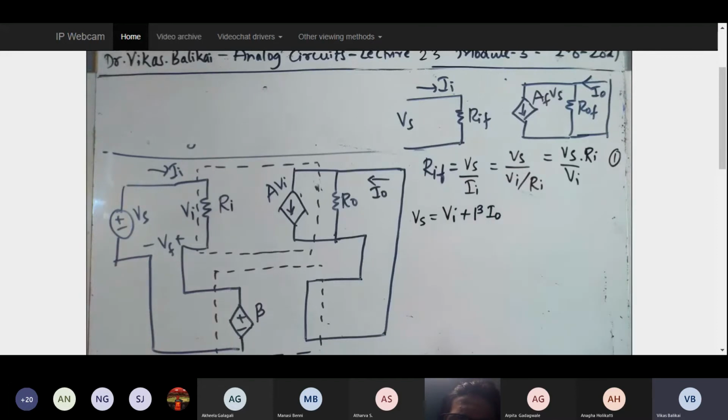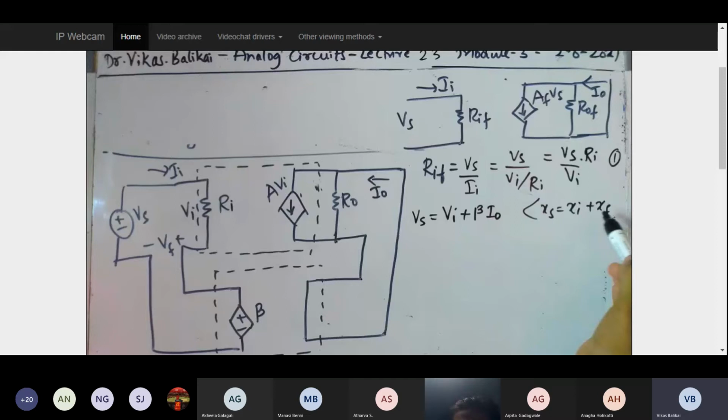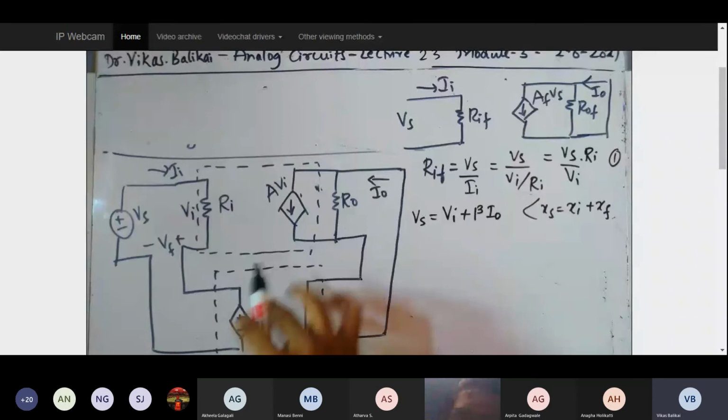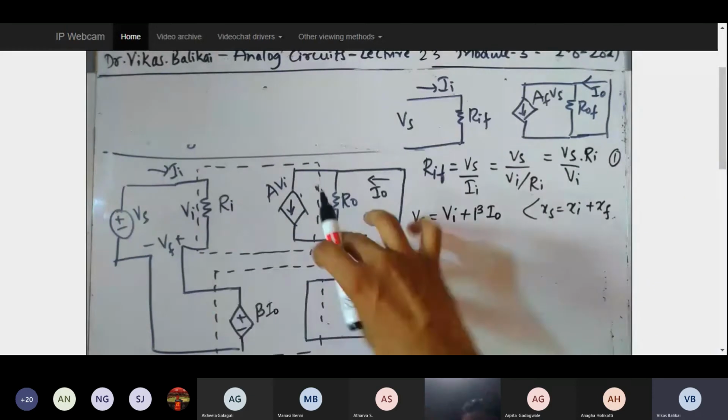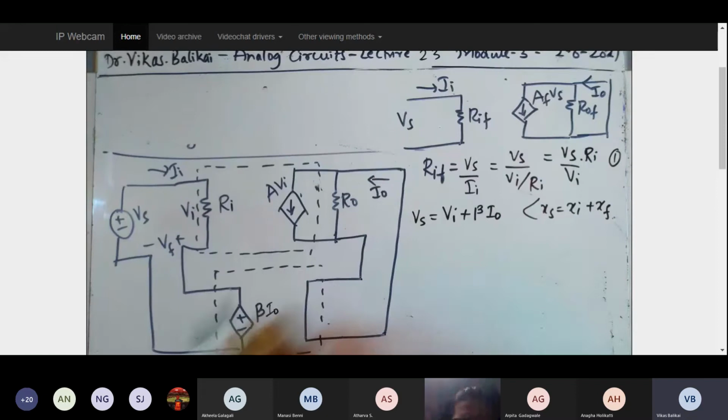Normally XS equal to XI plus XF. That's the same thing I'm writing over here. Here XI is VI, VS is as it is VS. What about XF? Feedback is in terms of beta times I naught, because the output is I naught, so I naught is the feedback. It is not voltage at the output side. Whatever is at the output is the feedback. So beta times I naught will be my feedback.